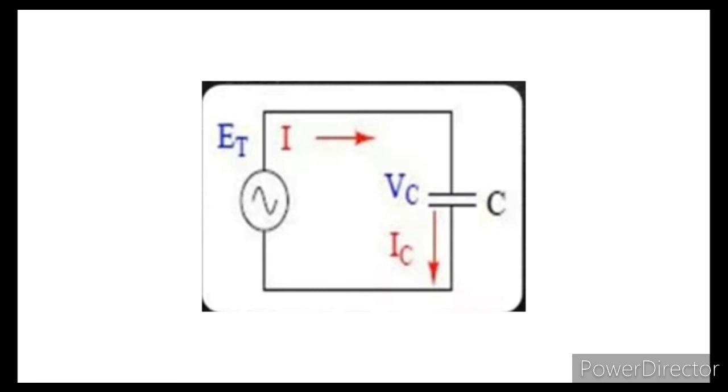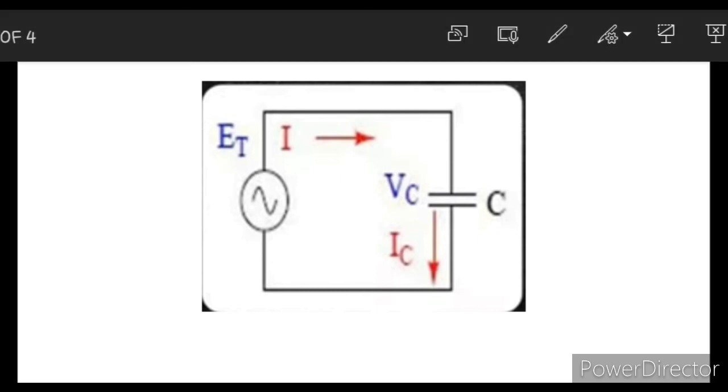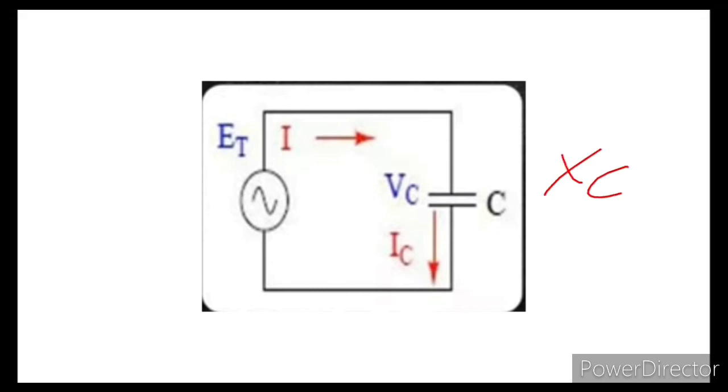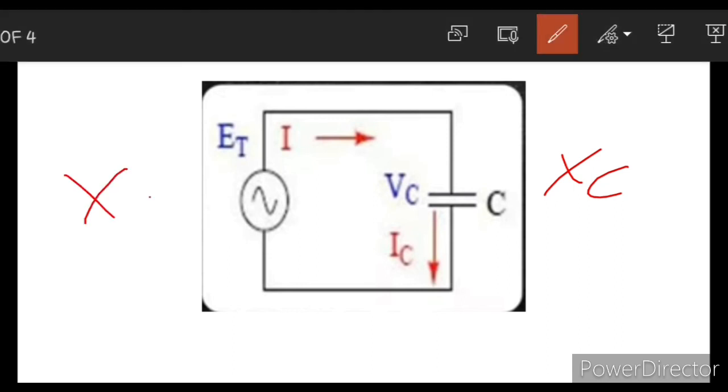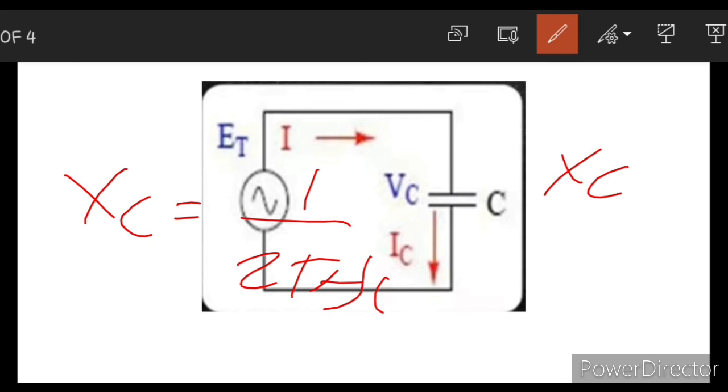This opposition is called capacitive reactance, and it is denoted by the letter XC, and it is also measured in ohms. This works opposite of the inductive reactance, and it is given as XC is equal to 1 over 2 pi FC. Since it is inversely proportional to the frequency, the capacitive reactance will increase if there is a decrease in frequency.